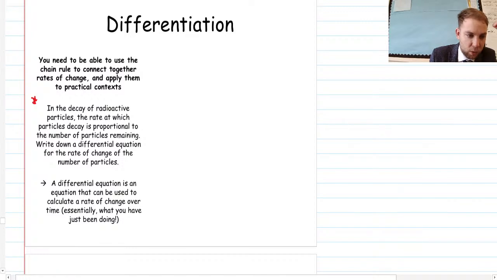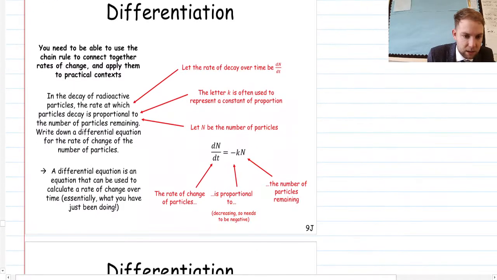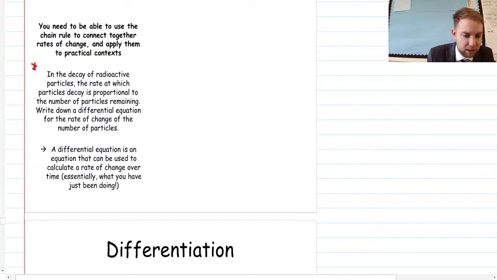Write down a differential equation for the rate of change of the number of particles. So does it tell you any terms in this? The rate? I'm going to call it P maybe for particle. They've used N. Doesn't matter anyway.